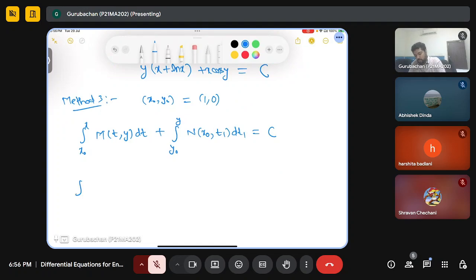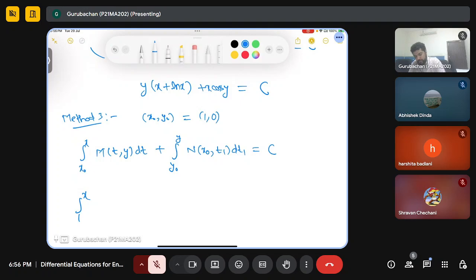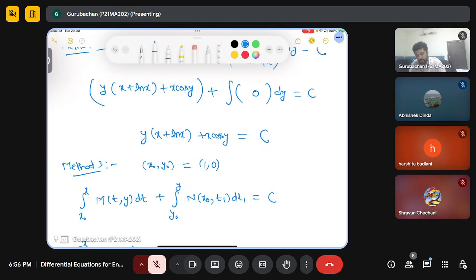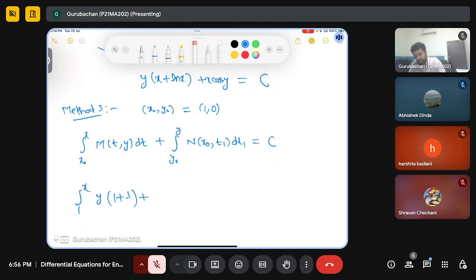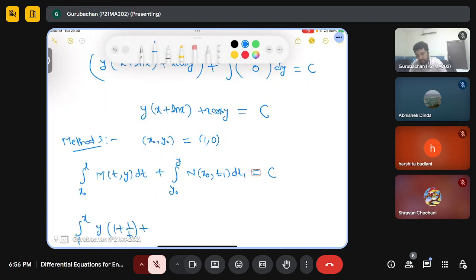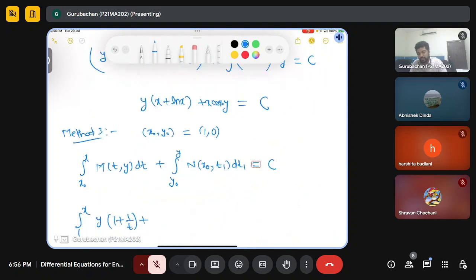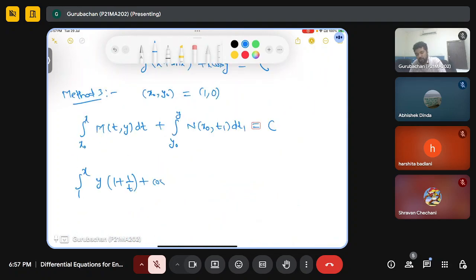Now do this with 1 to x. Again, this was y, 1 plus 1 by x, plus, since we are writing in terms of t, so 1 plus 1 by t. Again, what was the M? Cos y. So it will be directly cos y. This one dt plus y naught to, that means 0 to y.